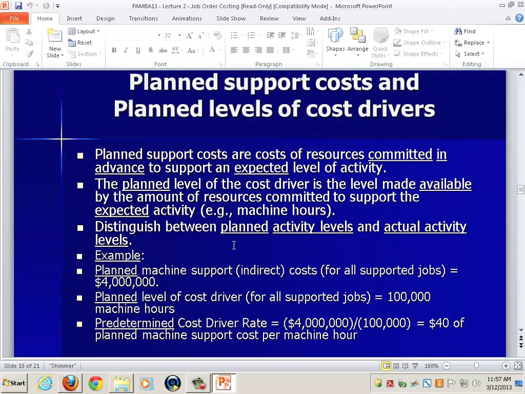Then you can calculate the predetermined or planned cost driver rate, which is going to be calculated by dividing the 4 million by the 100,000, and you get $40 of planned machine support cost per machine hour. So that's going to be your allocation rate for the machine hours.